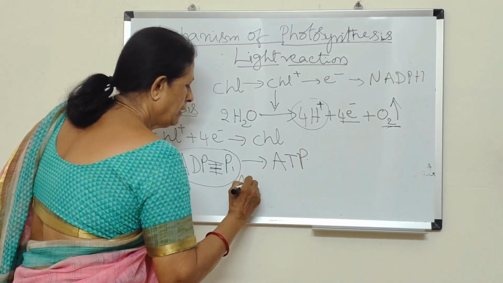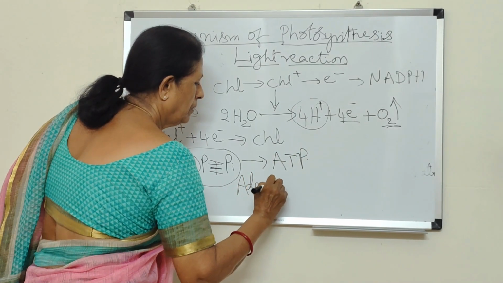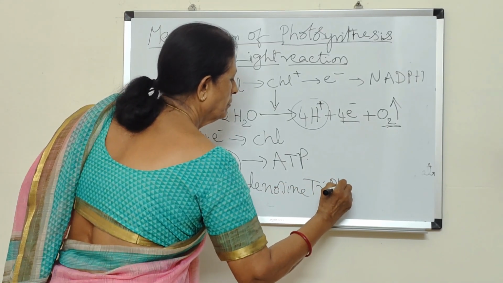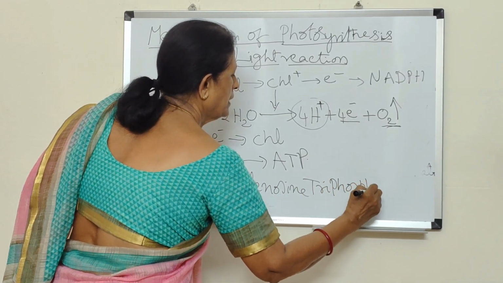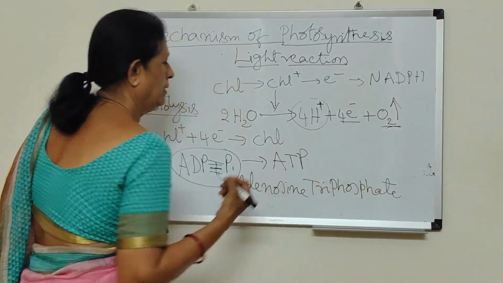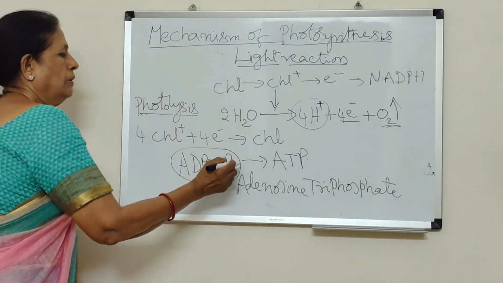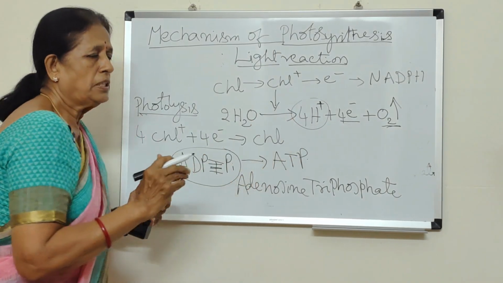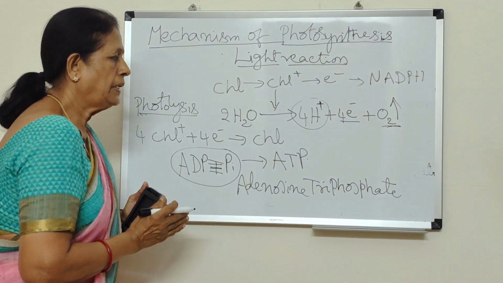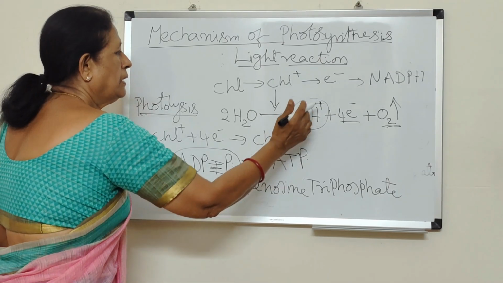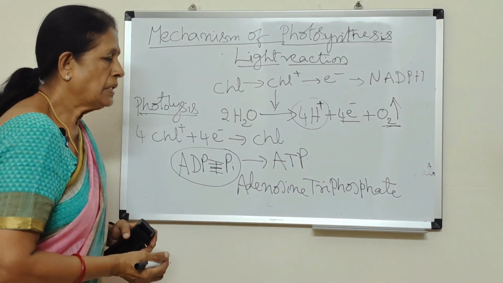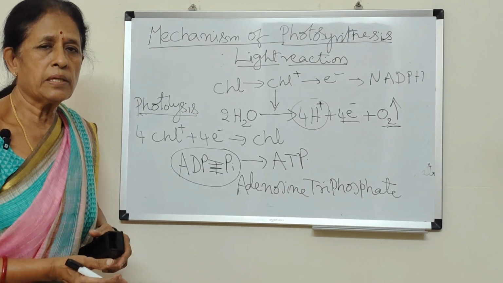ATP, adenosine triphosphate. So a large number of protons will get accumulated, and for the formation of a chemical bond, energy is required.